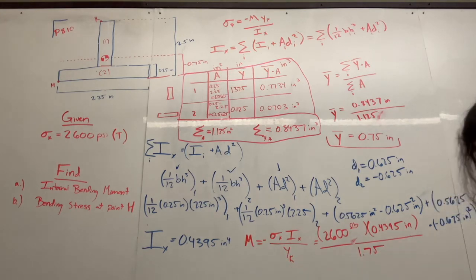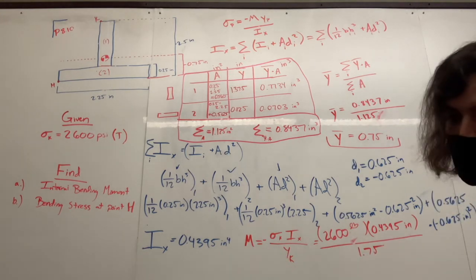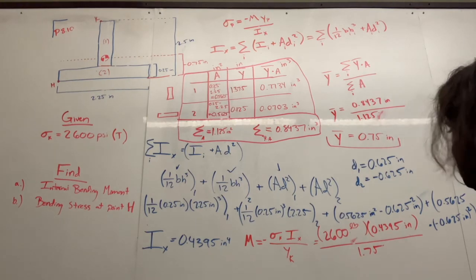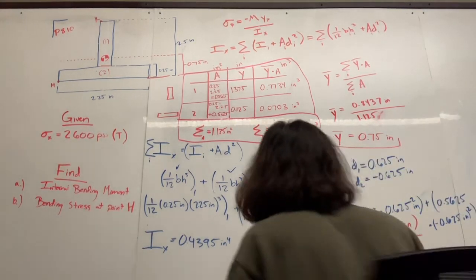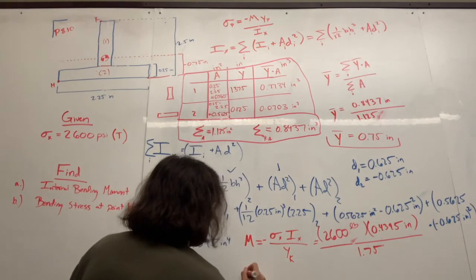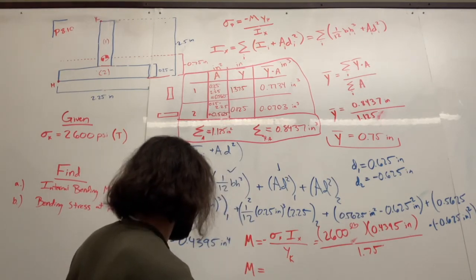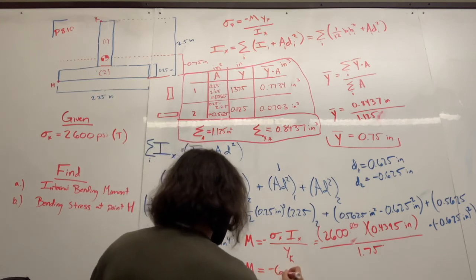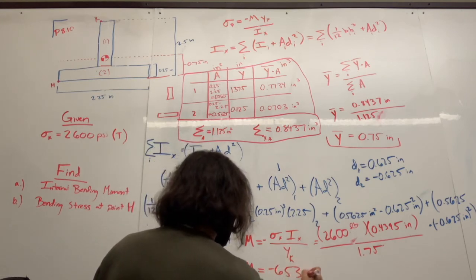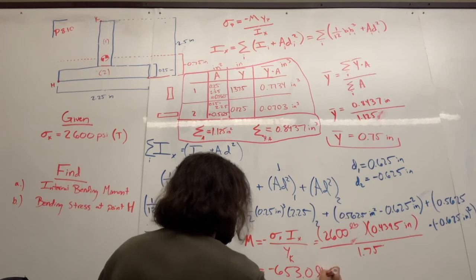So if we plug this into a calculator, we're left with the moment is equal to, and I calculated, negative 653.0 pound inches.